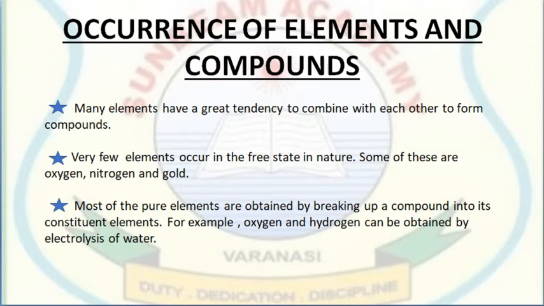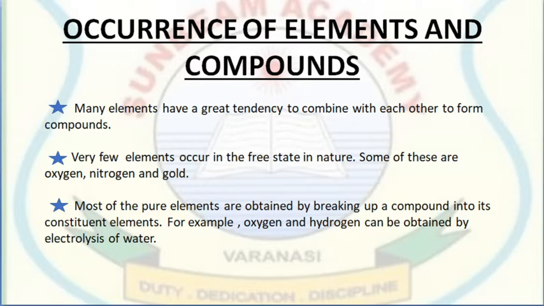Most of the pure elements are obtained by breaking up a compound into its constituent elements. For example, oxygen and hydrogen can be obtained by electrolysis of water. Here students understand that water is a compound made up of two different elements, oxygen and hydrogen.